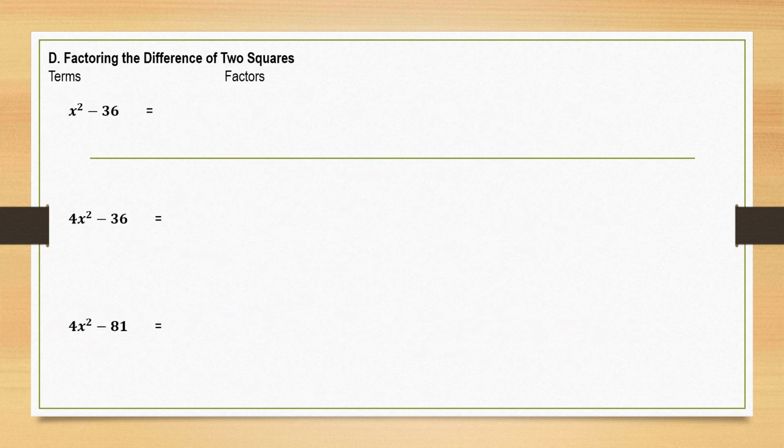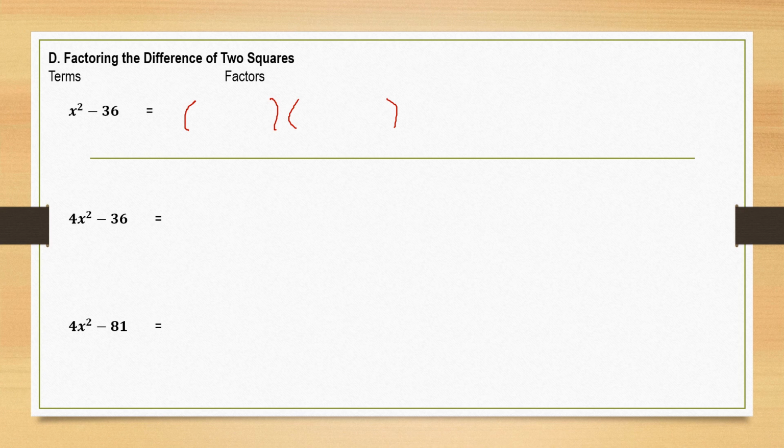Next, factoring the difference of two squares. Remember that the factors of the difference of two squares is simply the product of the sum and difference of two terms.